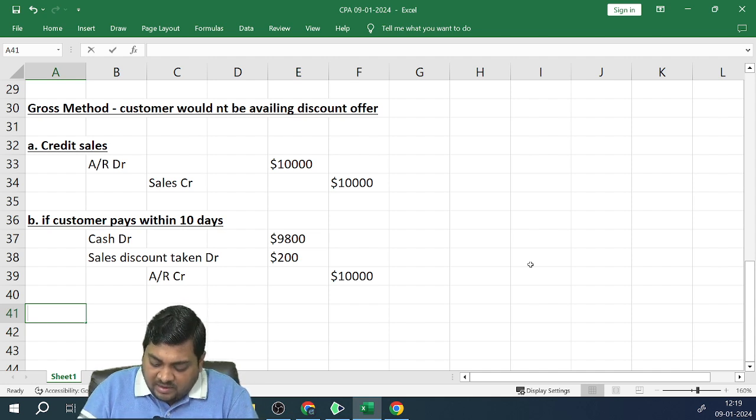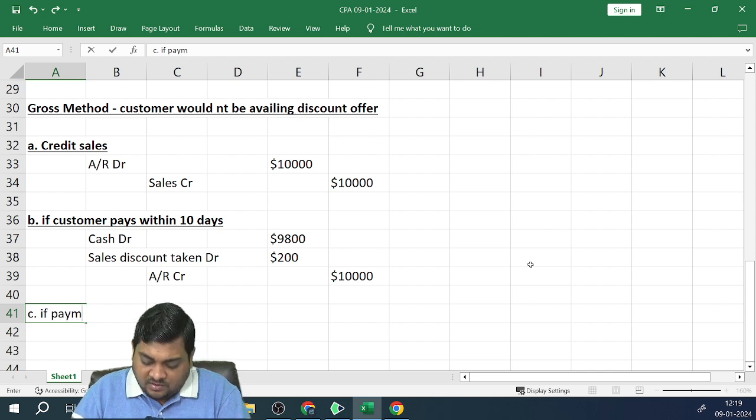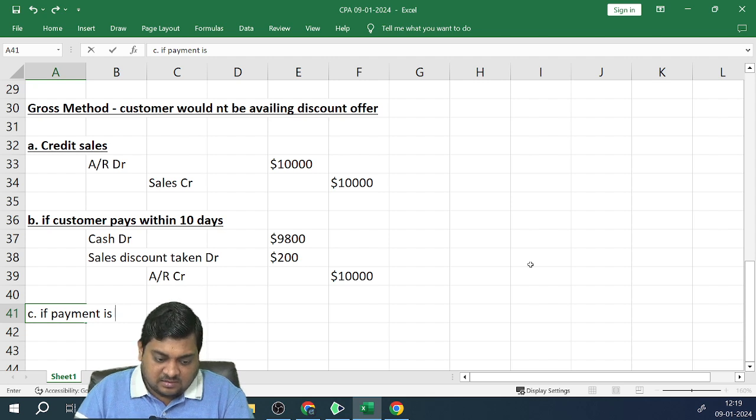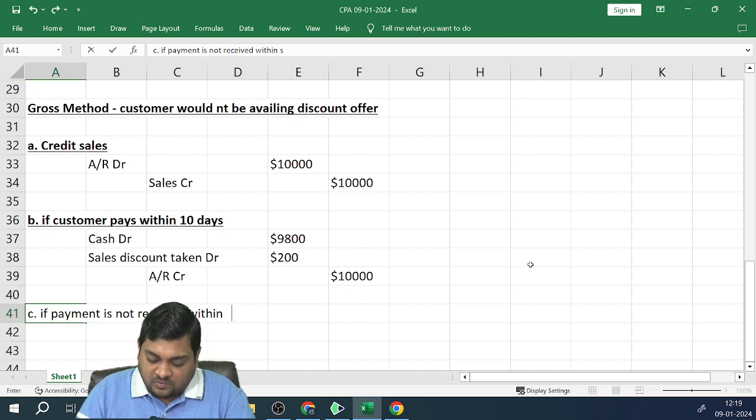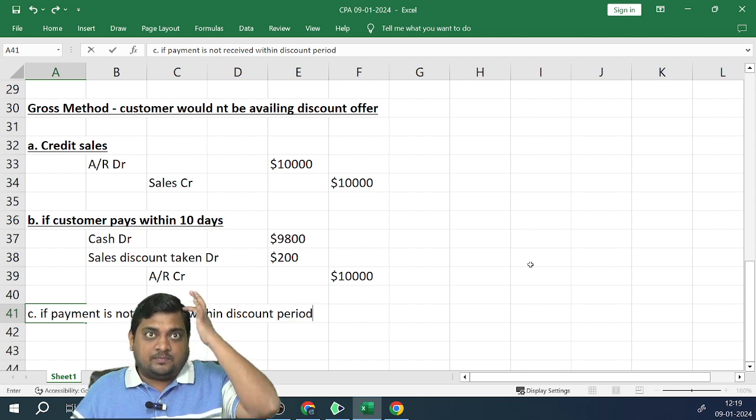And what if payment is not received within the discount period?